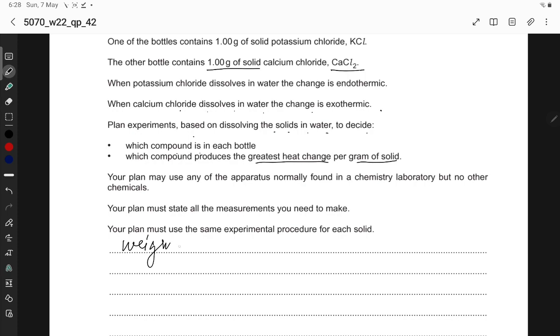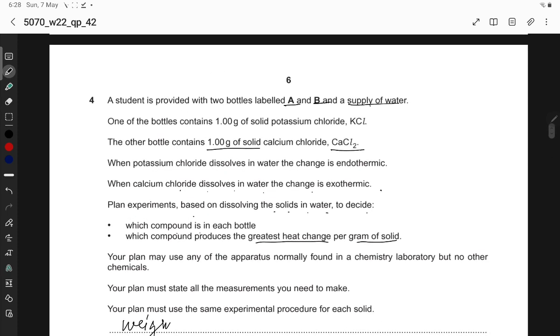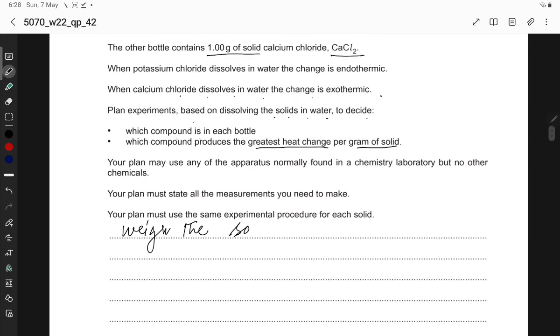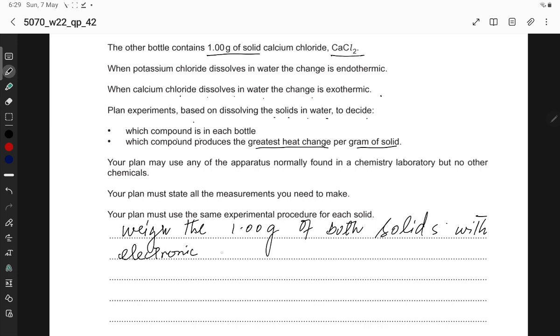Weigh the solid, one gram. Weigh the 1 gram of both solids with an electronic balance.